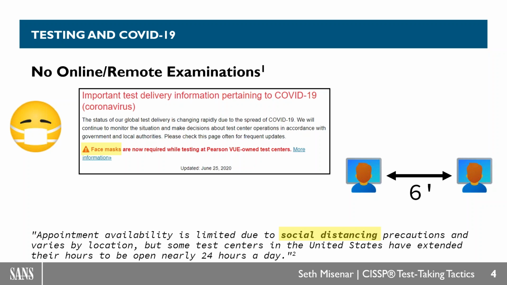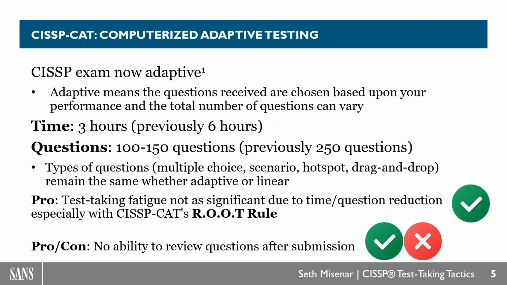So if you're trying to take it in the near term, then you probably want to go ahead and check now on the availability. And this is all subject to change, of course. So just a heads up there on COVID-19's implications for the CISSP.